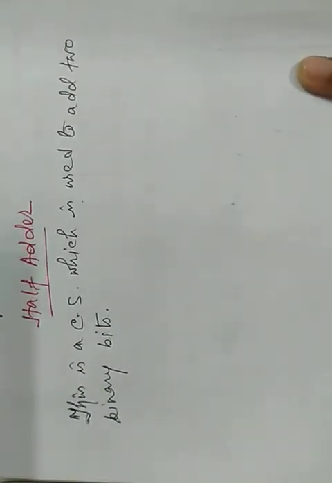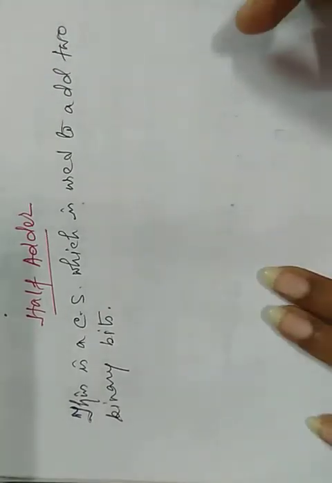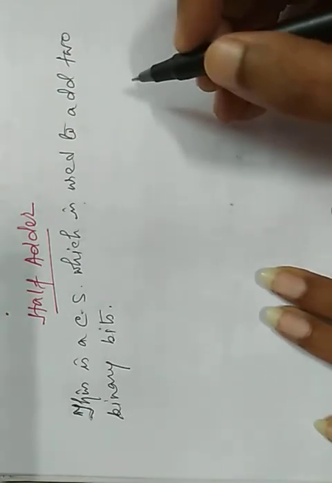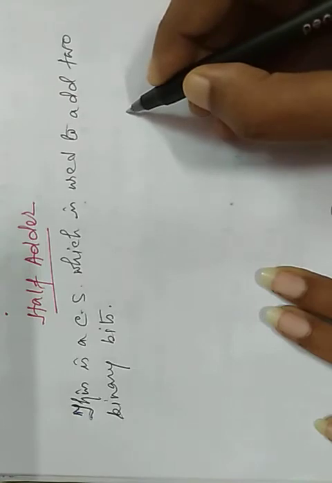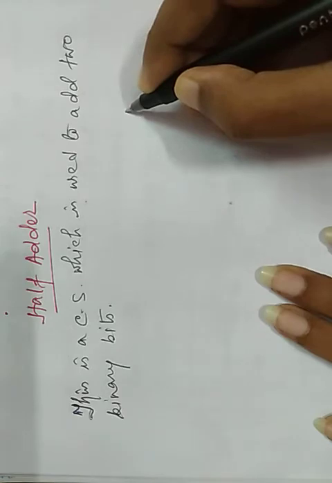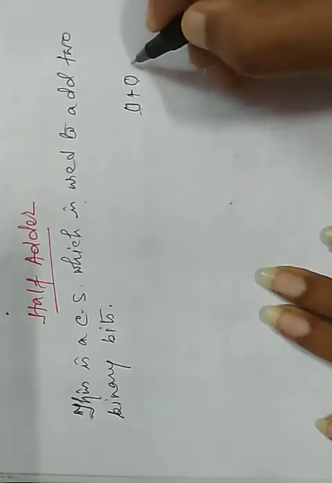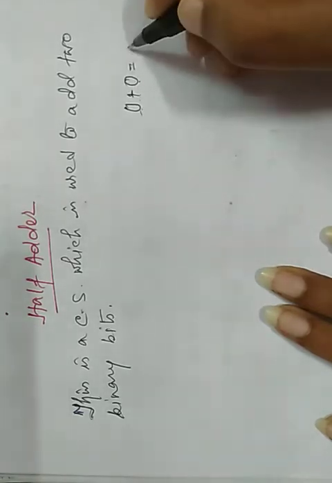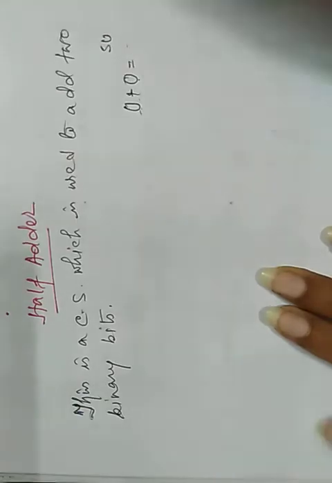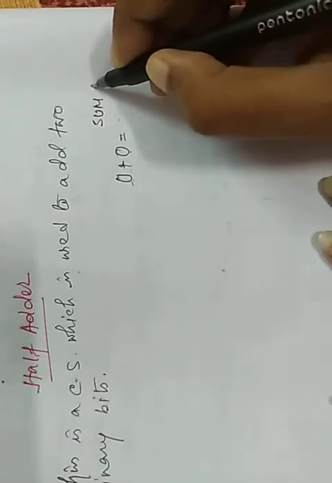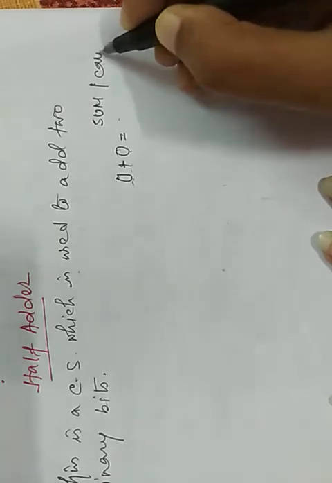This is a combinational circuit which adds two binary bits. Two binary bits means, suppose we add 0 and 0, two binary bits, then we get two parts. One is sum and another is carry. Just watch it very carefully.